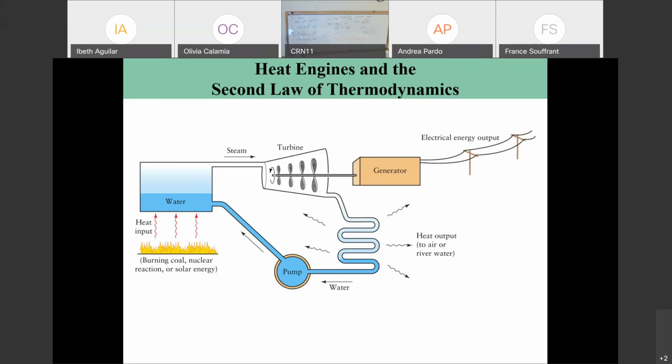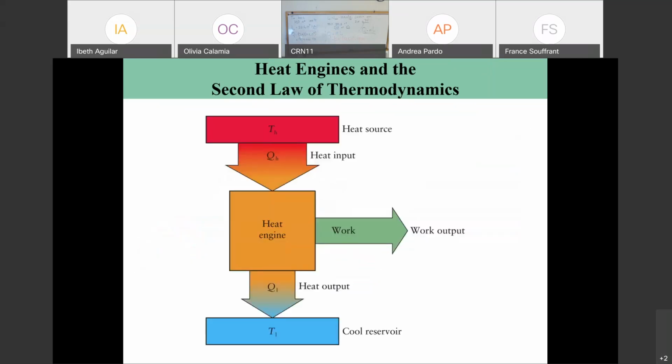Anyway, so that heat that is sort of wasted in a thermal machine is the work. All right? So you can have a heat source. You input some energy.